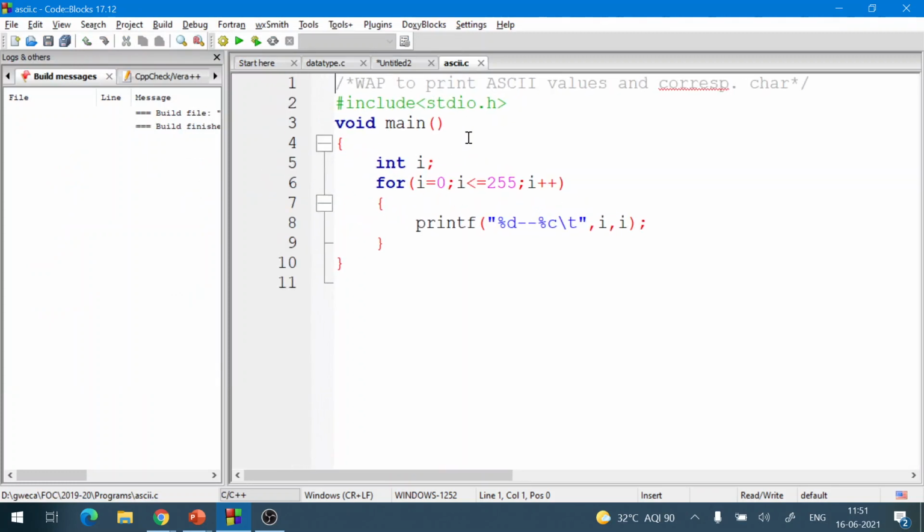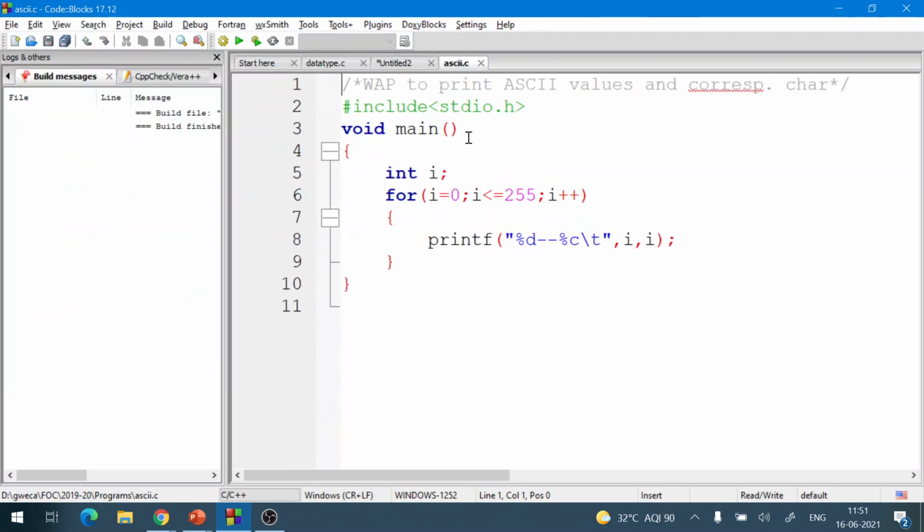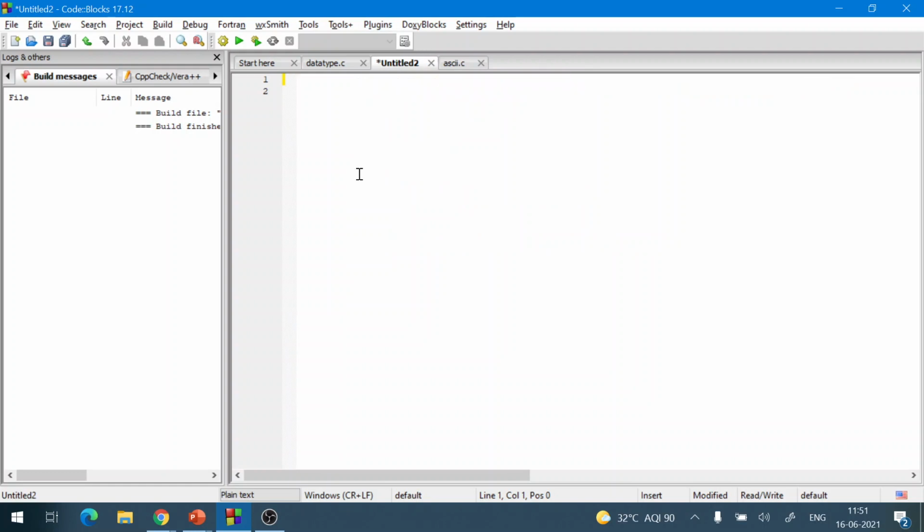This is the program to print ASCII values and the corresponding characters. We just initialize an integer, and this is from a loop, so I will make a simpler program for that.